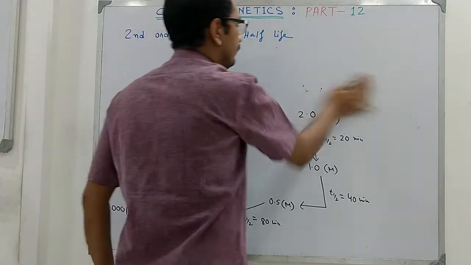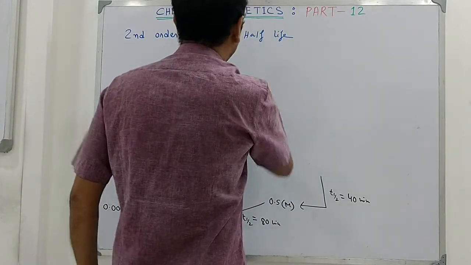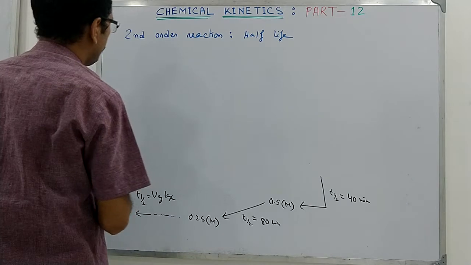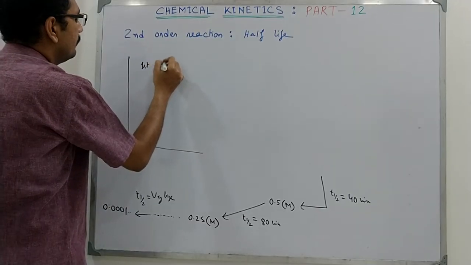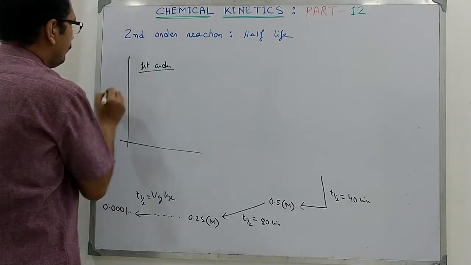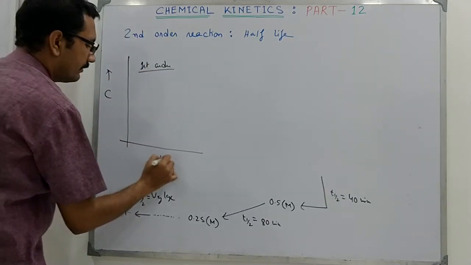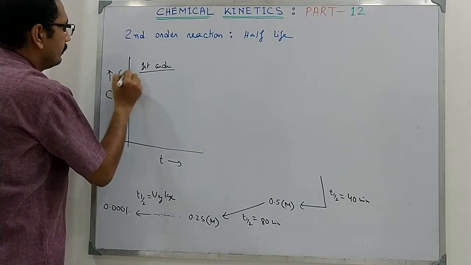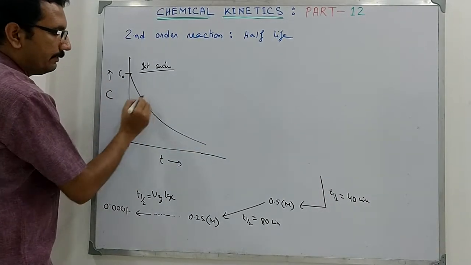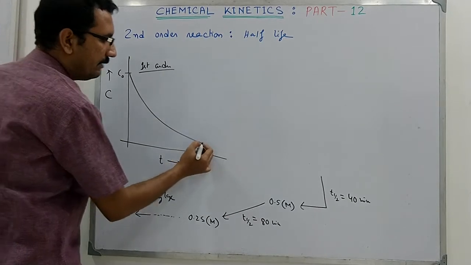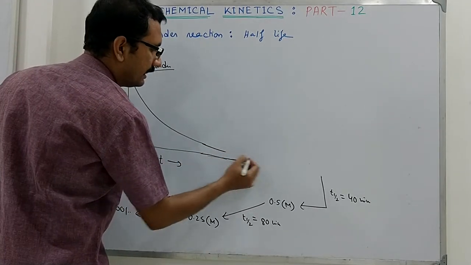Now if you remember the half-life of first order reaction, this I am drawing for the first order. You see, when we plot C versus time, we get this curve. This graph meets the time axis asymptotically.